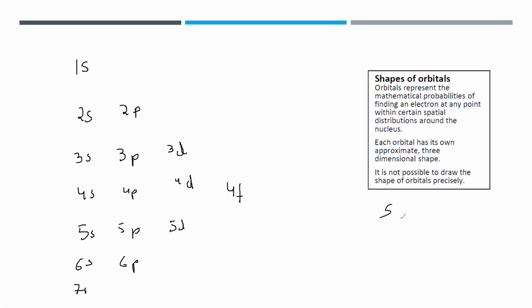We have the s subshell, p subshell, d subshell, and f subshell. So 1s, then 2s, 2p, 3s, 3p, 3d, 4s, 4p, 4d, 4f, 5s, 5p, 5d, 6s, 6p, and 7s. So first we increase 1 subshell till 4, and then we decrease 1 subshell. First you will write like this.